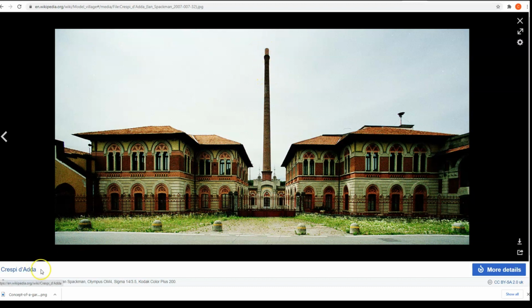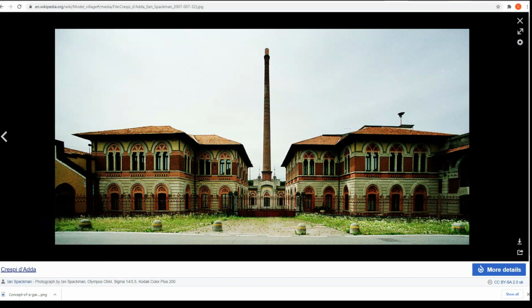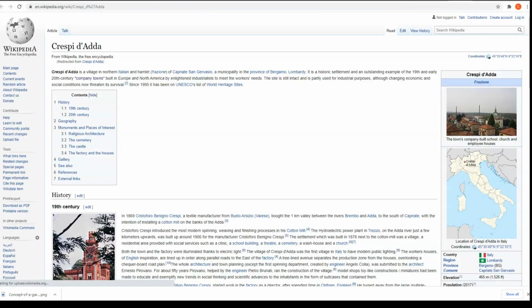What is this? Crespi d'Adda. Oh my gosh. The more you know. Crespi d'Adda is a village in northern Italy and hamlet of Capriate San Gervasio in the municipality of Bergamo, Lombardy.